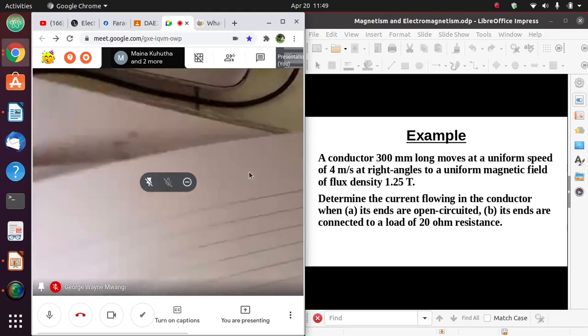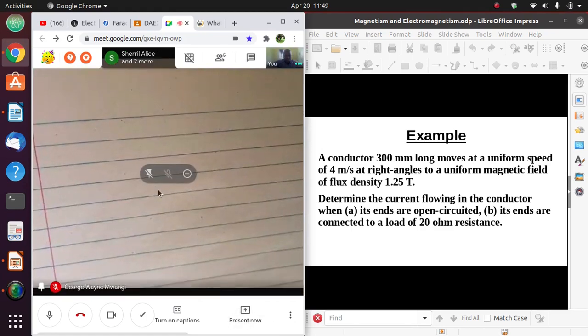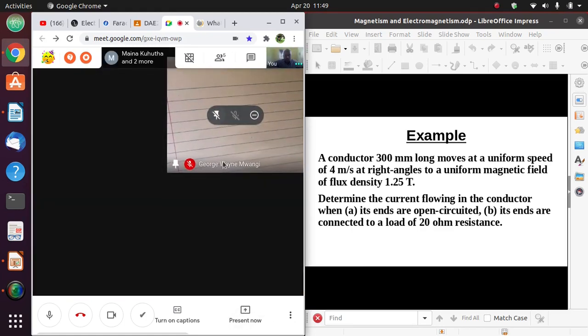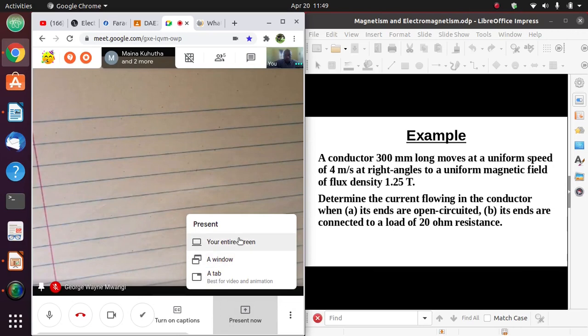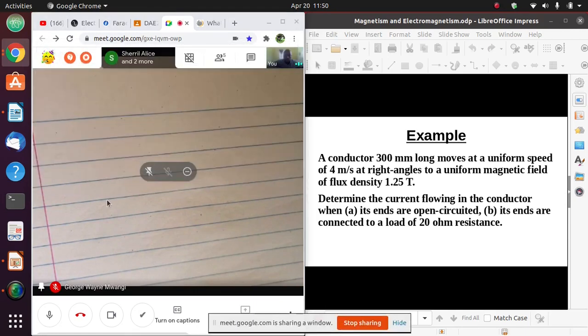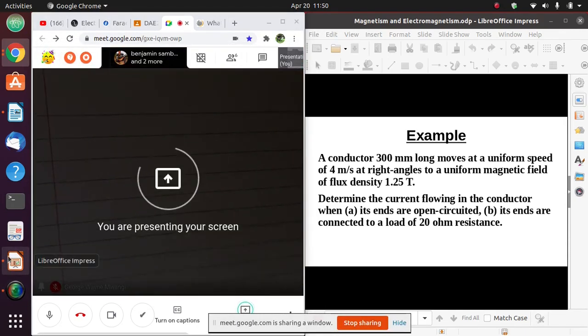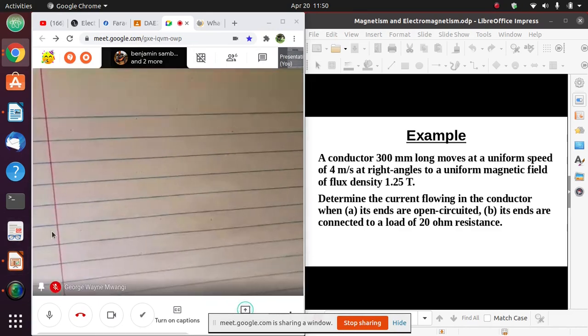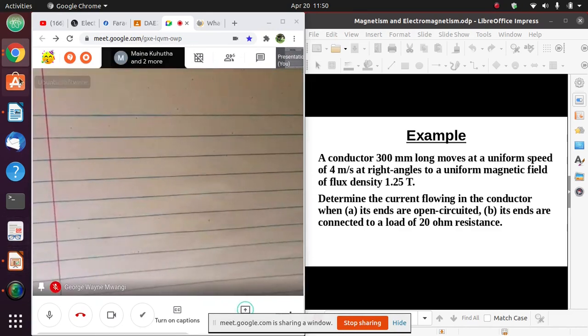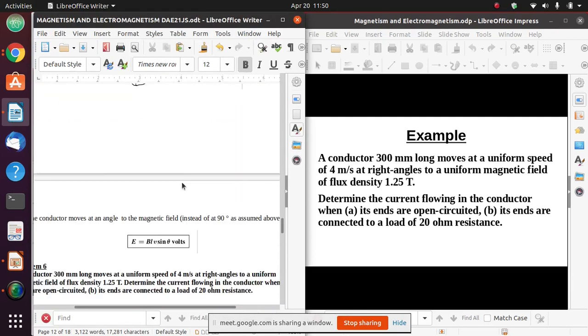Now, I want to switch my screen so that I can show my calculation. Can we see? Yes.